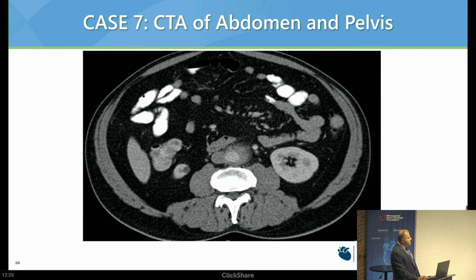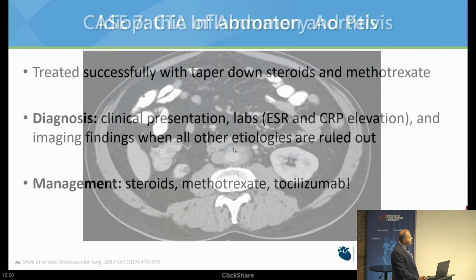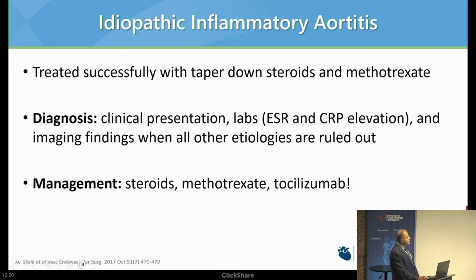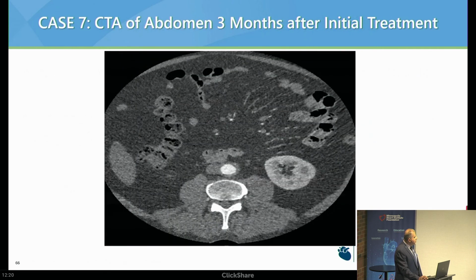The CT is very similar to the previous cases. Again, the abdominal aortic wall is very thickened. Because all the workup came back negative, we called it idiopathic inflammatory aortitis. He was treated successfully with steroids and methotrexate, which were tapered down over time. His abdominal aorta improved significantly 3 months later, and he's off treatment right now.